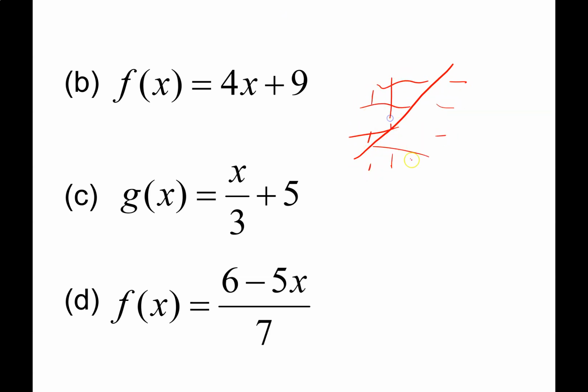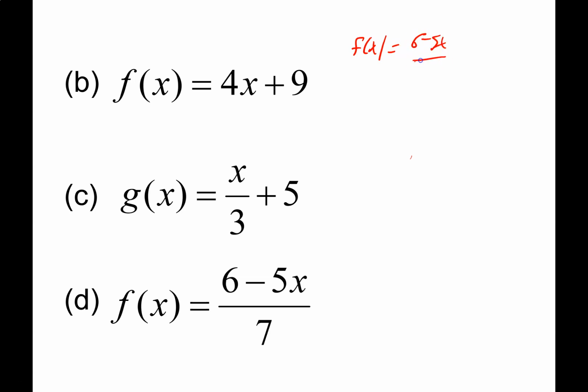No vertical line will cross it in more than one place, so it passes the vertical line test also. When you start getting into a variety of curves, they may not be 1-to-1, and that's going to pose some problems. So part D, I got f of x equals (6 minus 5x) over 7.